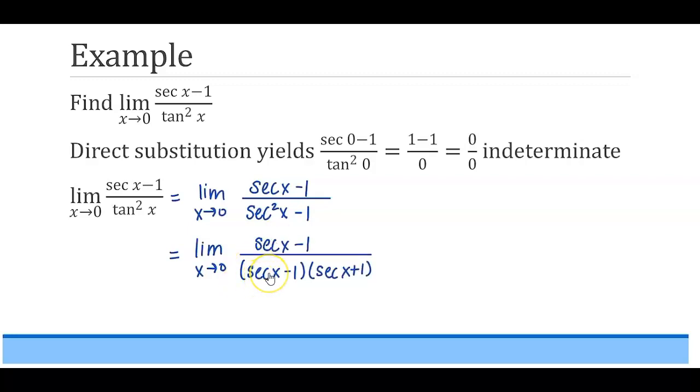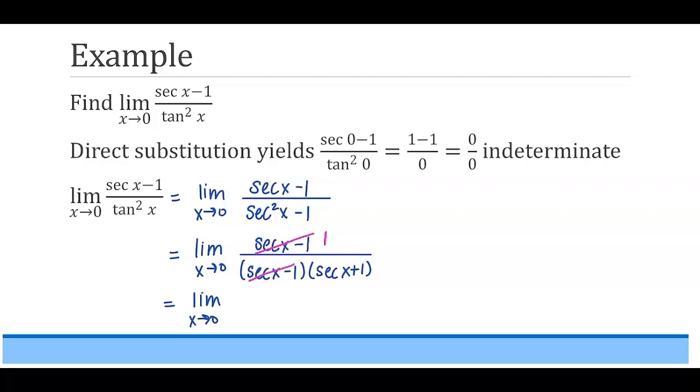And now I can go ahead and cancel from the numerator and denominator that same factor, secant x minus 1. Canceling those two will create a 1. So I have a 1 in the numerator. So I have 1 over the quantity secant x plus 1, and I'm still evaluating a limit.